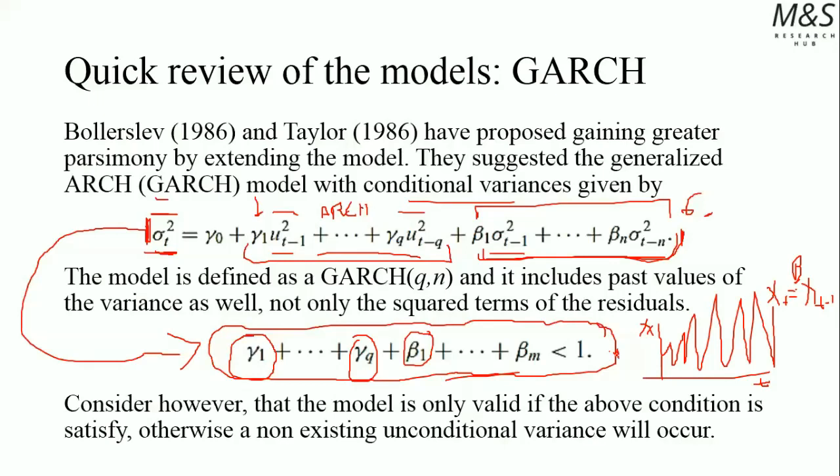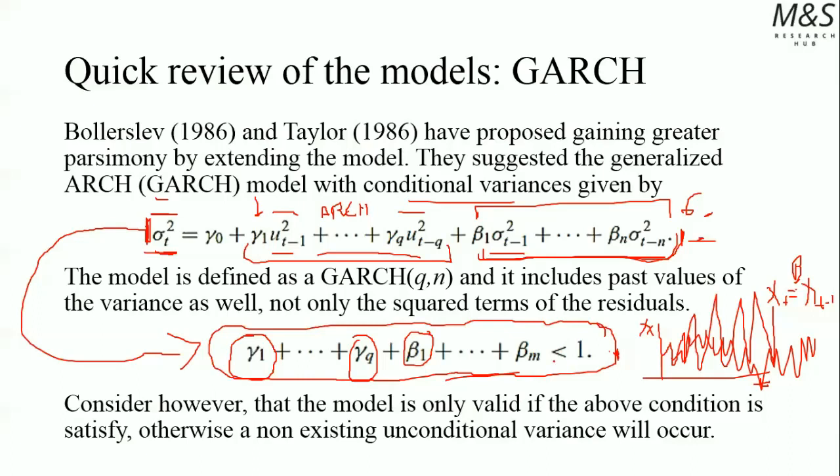Because if the variance of the model computed by the GARCH model, that is the generalized autoregressive conditional heteroskedasticity, regarding the sum of the coefficients, is not less than 1, we have an explosive variance. That means that volatility becomes unstable, and highly unstable. So the model becomes invalid if such sum of coefficients in this part is greater than 1.